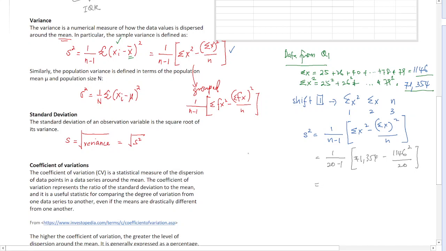Okay, when you press shift number 2, it will give you 3 options, that is x bar, and then you have sigma x and sx. So 1, 2, 3. So yang mana kita nak pilih?